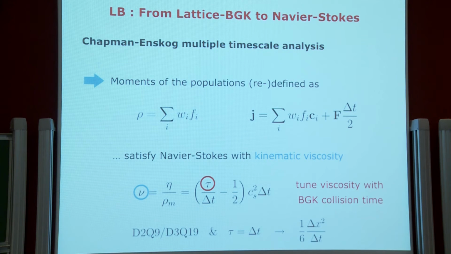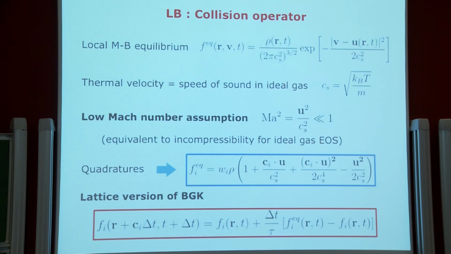No, sorry, I'm confused now. There might be a problem here. If you have a large time, no, that's right, you converge faster toward equilibrium, and so you have a large viscosity.